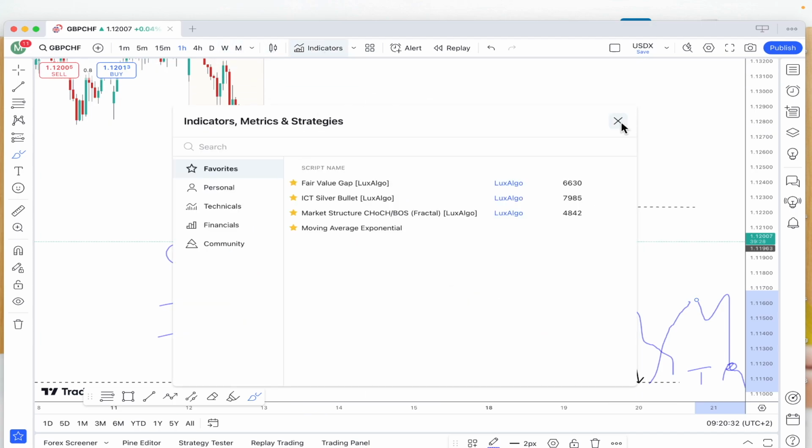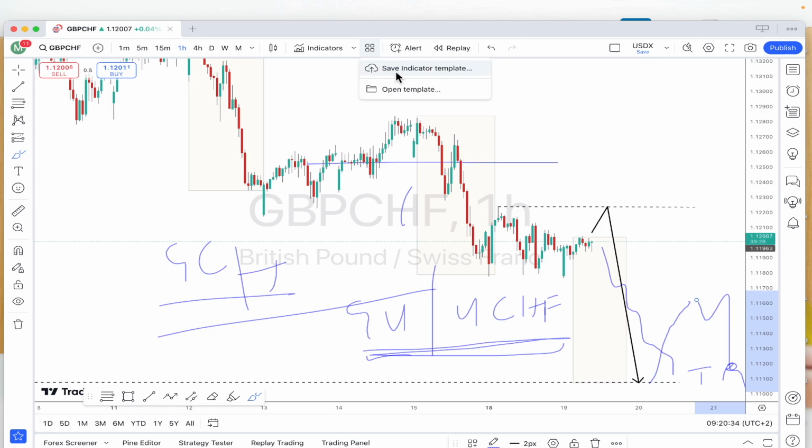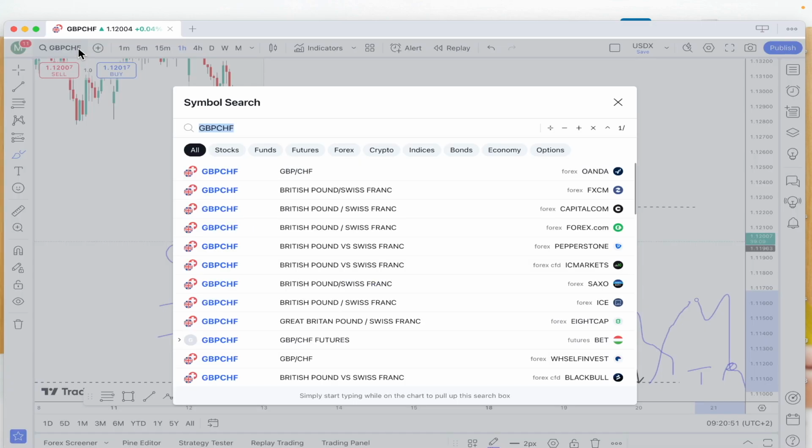Thank you very much guys. I hope this makes sense, and I hope this does help someone who's wondering how to do market analysis. This is just a rough market analysis of how I took this trade.